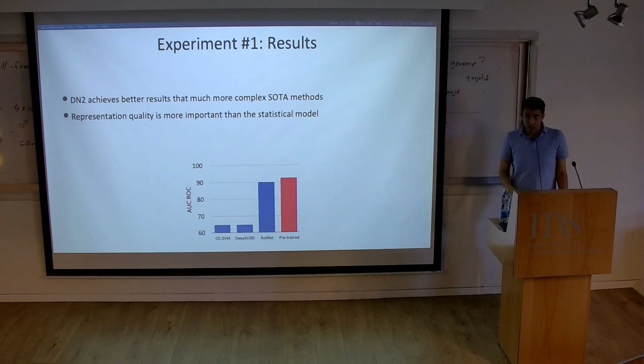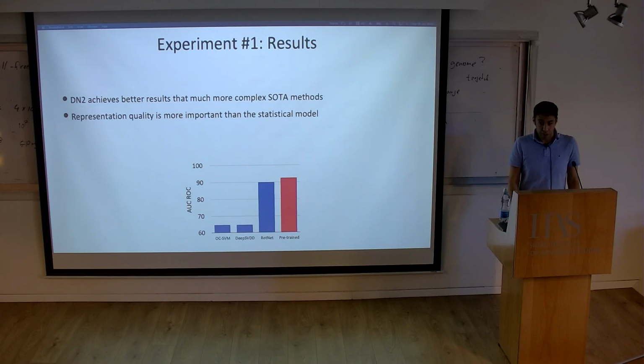This for us was quite interesting because it means that although one could come up with various types of complex methods, it seems as if just taking a really powerful representation and taking off-the-shelf density estimators is already able to achieve state-of-the-art performance. So it feels as if putting more emphasis on the representation is likely to be the more promising direction.